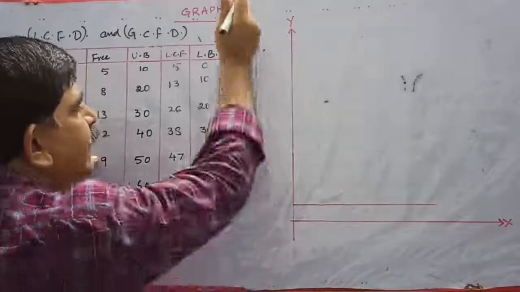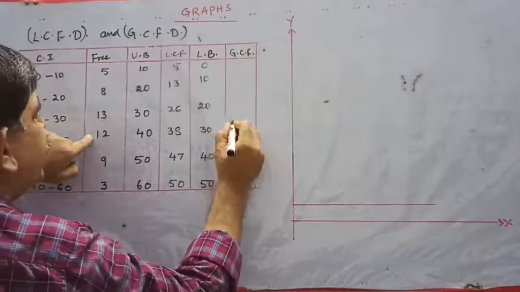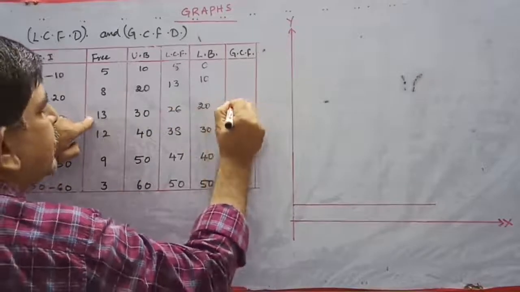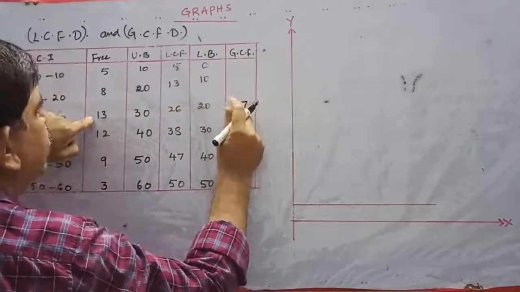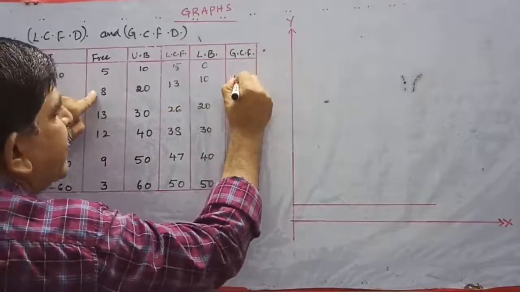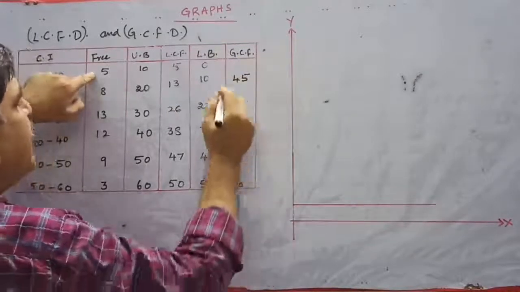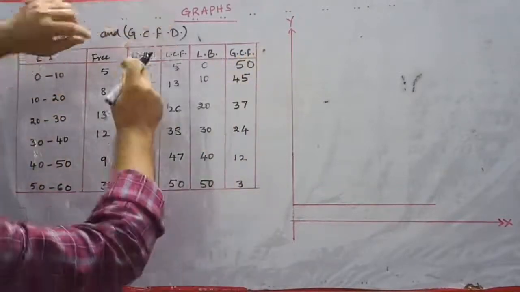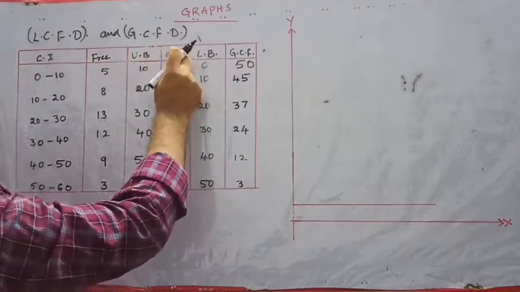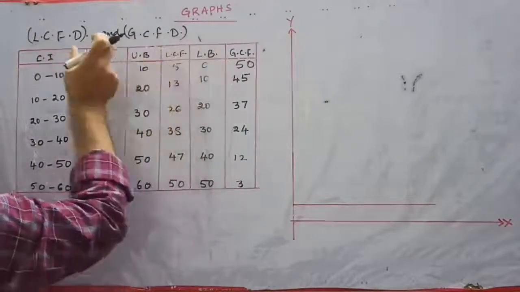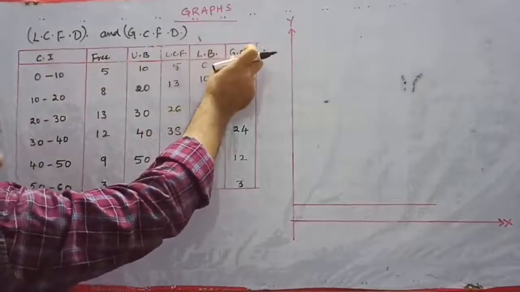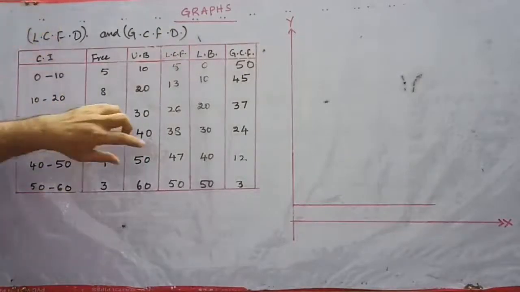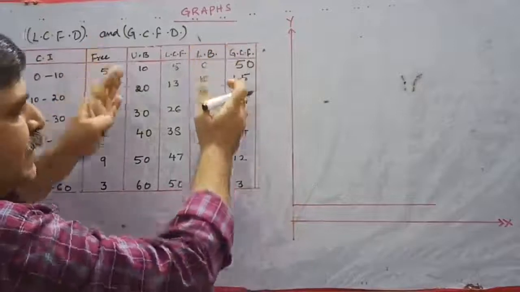You write like this, then you will get it easily. 12 plus 12, 24. 24 plus 13, 37. 37 plus 8, 45. 45 plus 5, 50. Right? So this table represents upper boundaries and less than cumulative frequency. These two represent LCFD, and lower boundaries and GCF represent GCFD. Okay? Now we have to draw the graphs against these values.